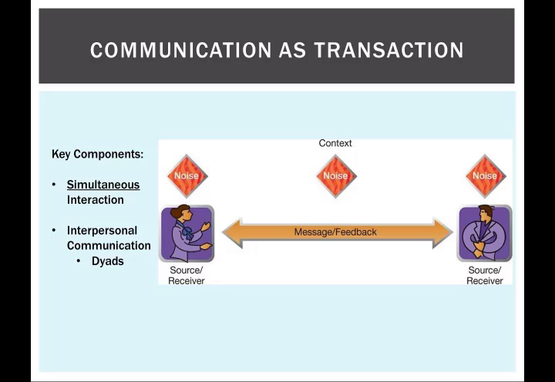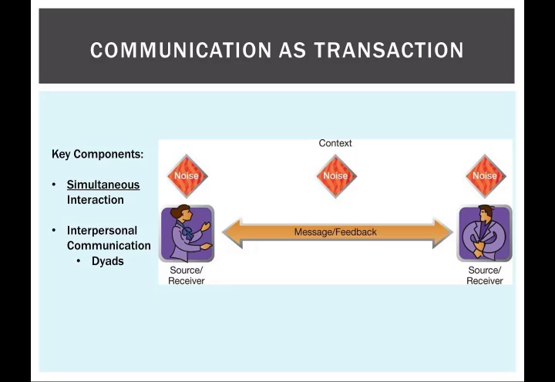As you can see in the middle, it's two-way, so the message and feedback are simultaneously occurring. So while one person is sending a message, there could be simultaneous feedback coming from the other individual. I listed interpersonal communication, or dyads, which are essentially just two people, there by the side because this is probably most fitting for understanding relationship development.